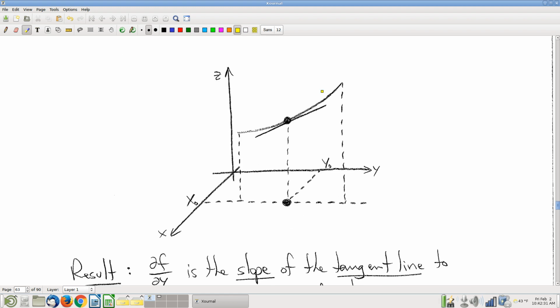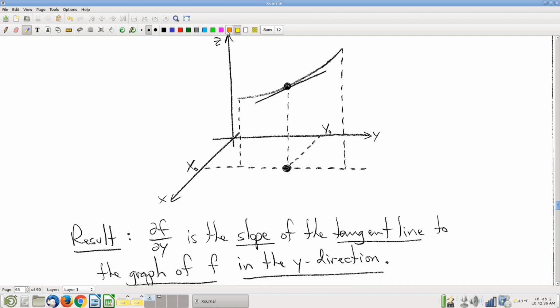So it means this. All right, so here we go. Here's our interpretation of the partial derivative with respect to y.